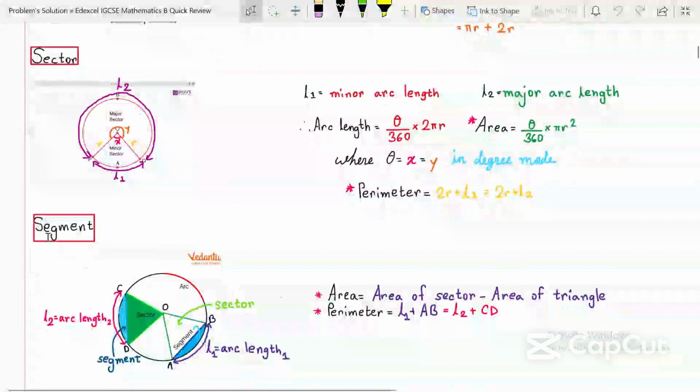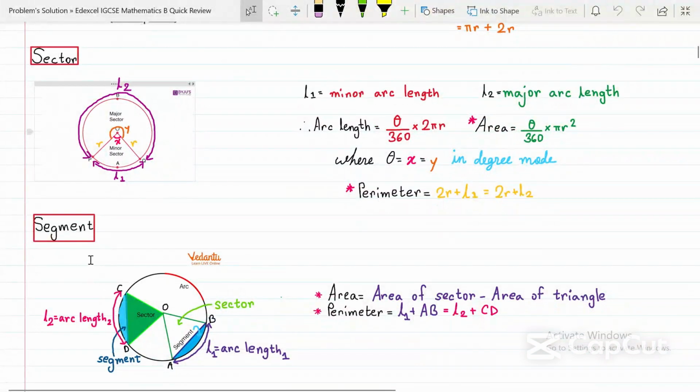So now next we have segment. Here, you can see the blue part of the shape. This is what we call segment. This is the length L1, which equals arc length 1. This is a sector. This is also a sector. This L2 equals arc length 2. You might be having a question: why are these two labels different?